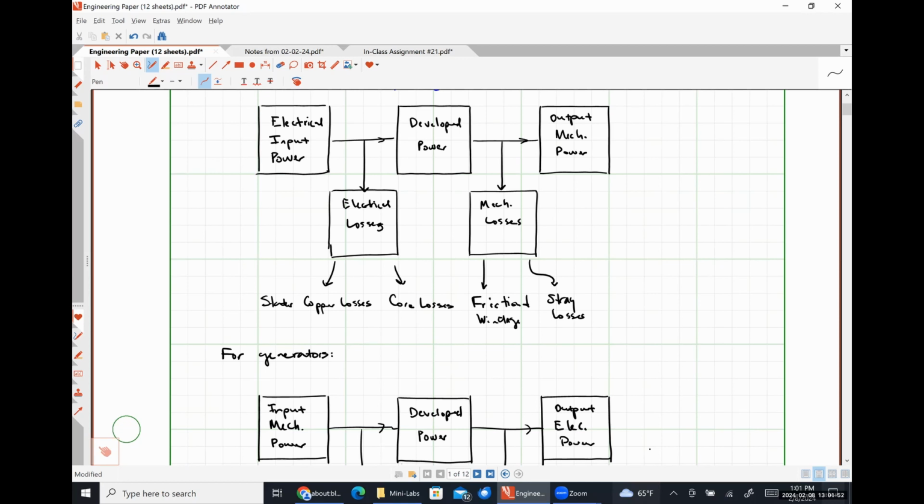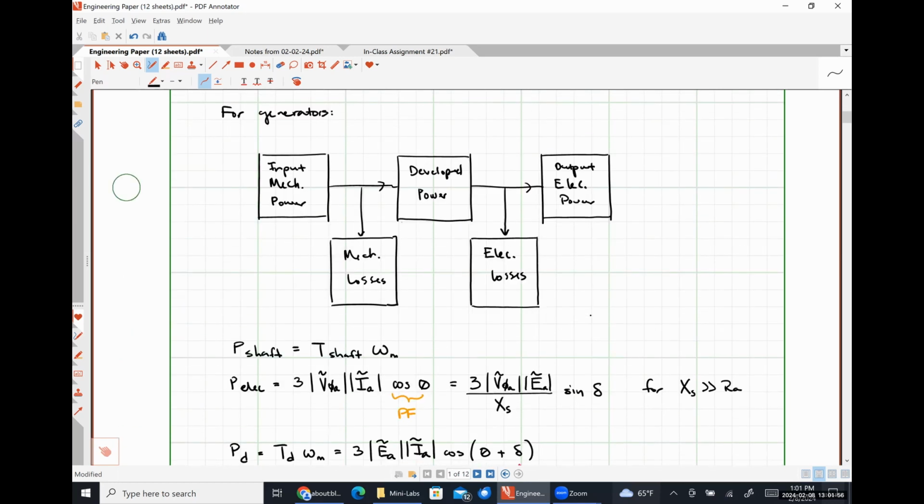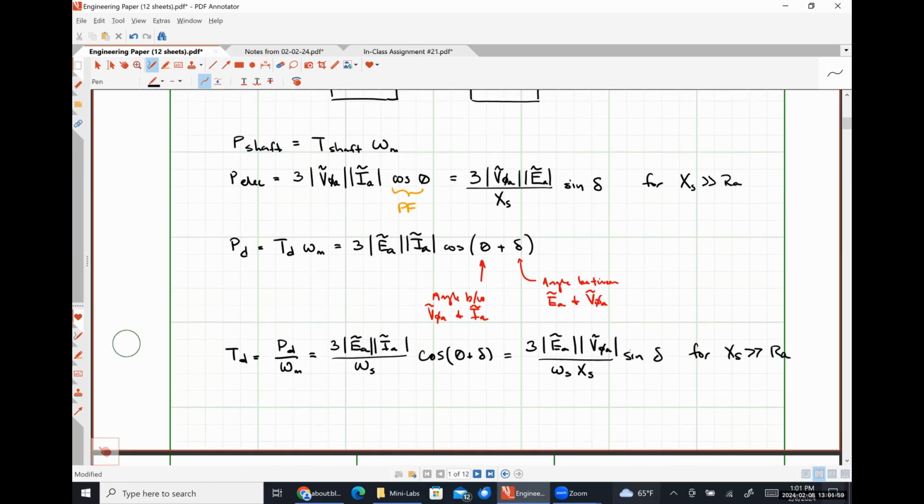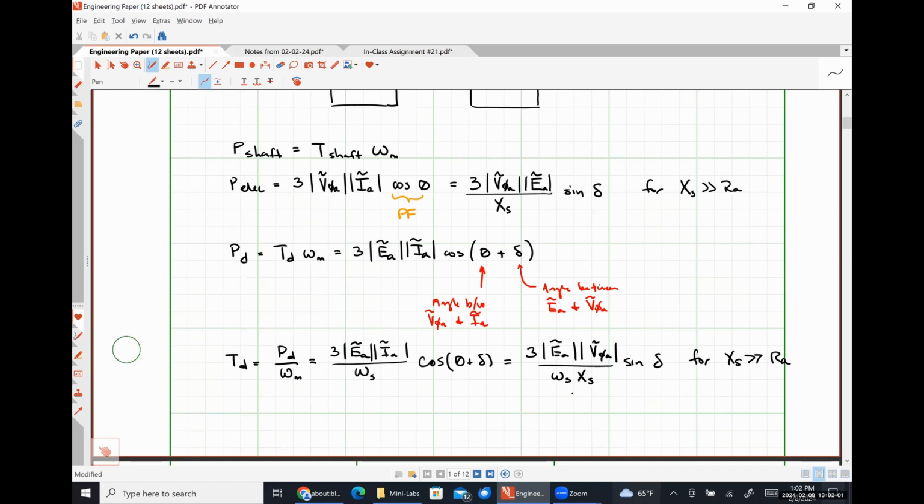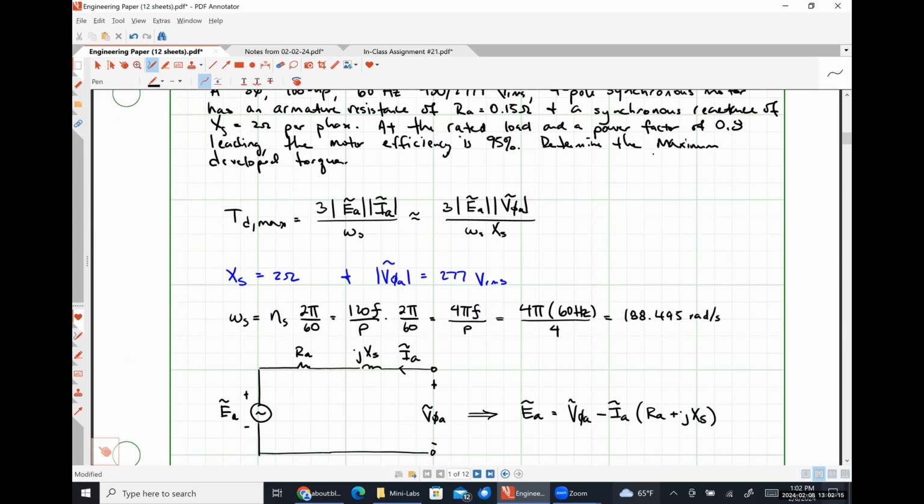So what should our electrical input power look like? We actually have two different ways that we can do it. Our electrical input power is given to us right here, and we have all of those pieces of information. So I think that's a pretty safe bet.